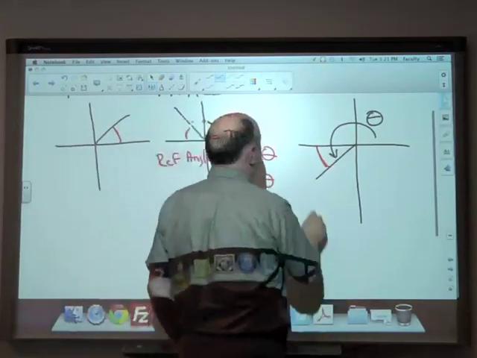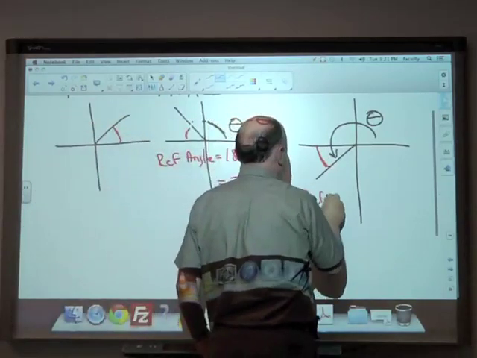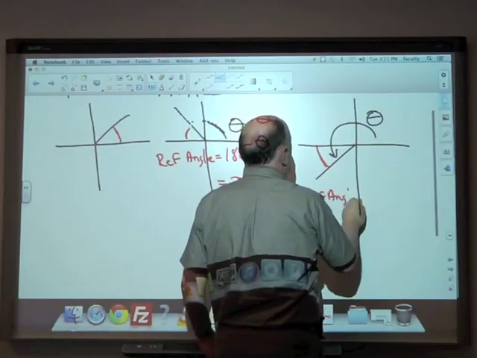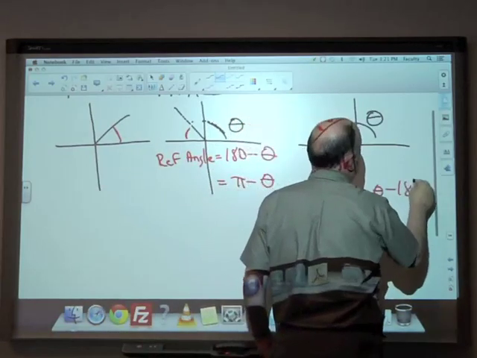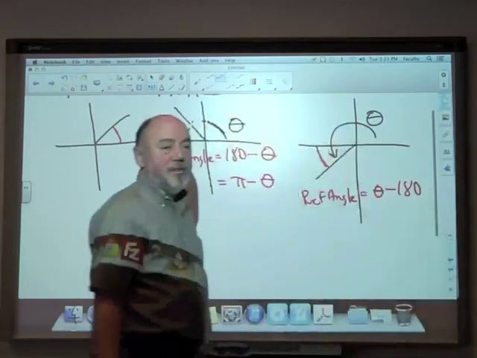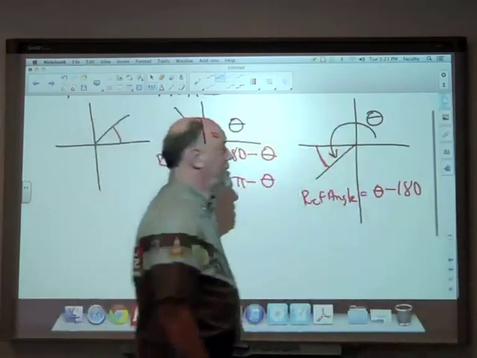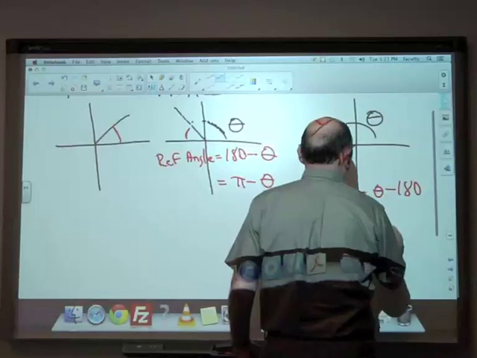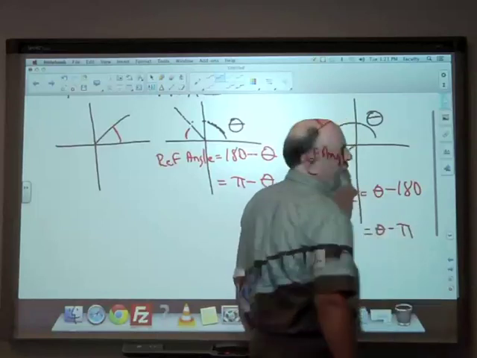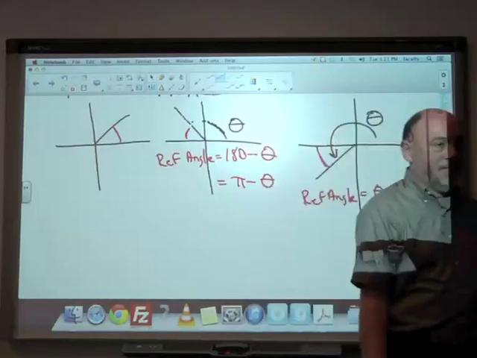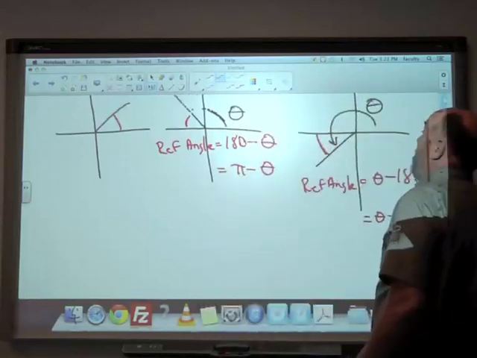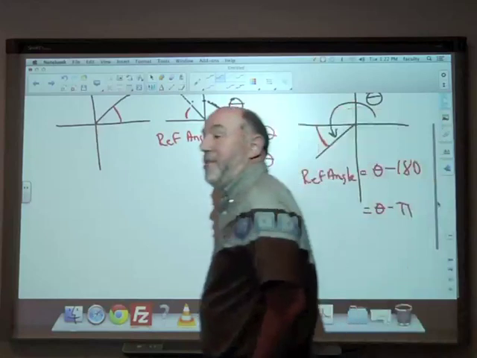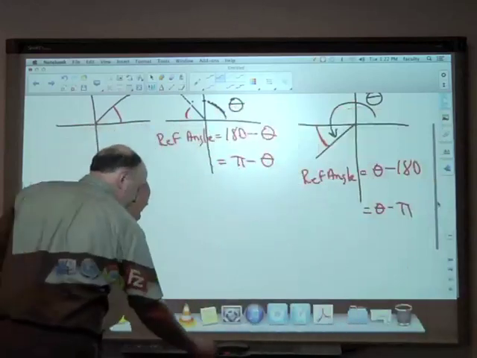And so now my reference angle will be theta minus 180 if it's in degrees, or theta minus pi if it is in radians. Okay. And then lastly, we get to if we're in the last quadrant.